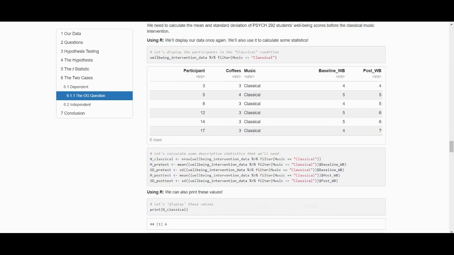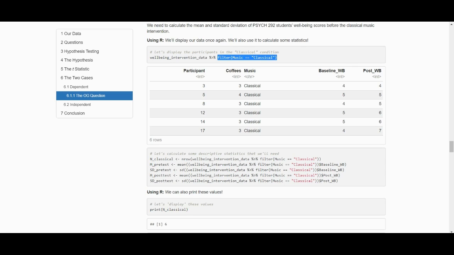We need to calculate the mean and standard deviation of Psych 292 students' well-being before the classical music intervention. So we'll display this data once more. We'll also use it to calculate some statistics. In this case, we've taken our total table of data, which is the well-being intervention data, and we've filtered so that we only look at the participants whose music value equals classical.